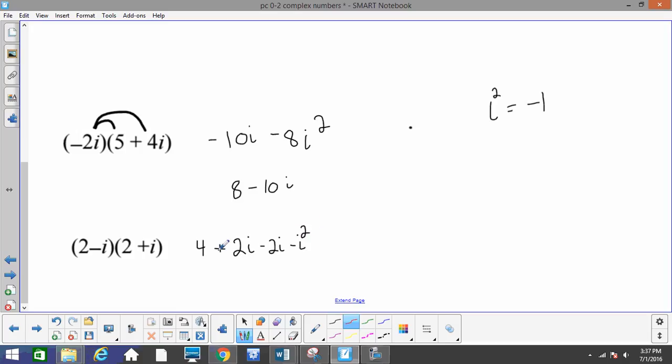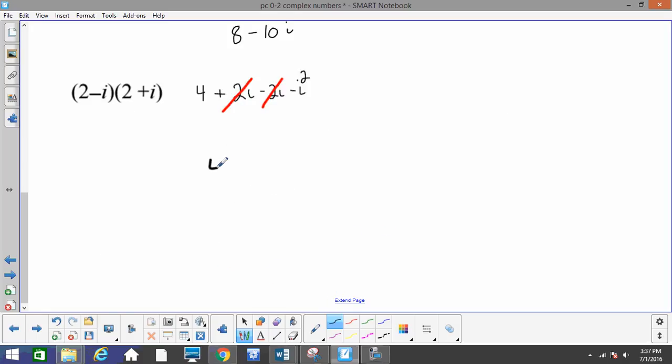What's kind of nice on this is those middle terms cancel out. So you have 4 minus i squared, which would really be 4 minus negative 1, which would be 5.